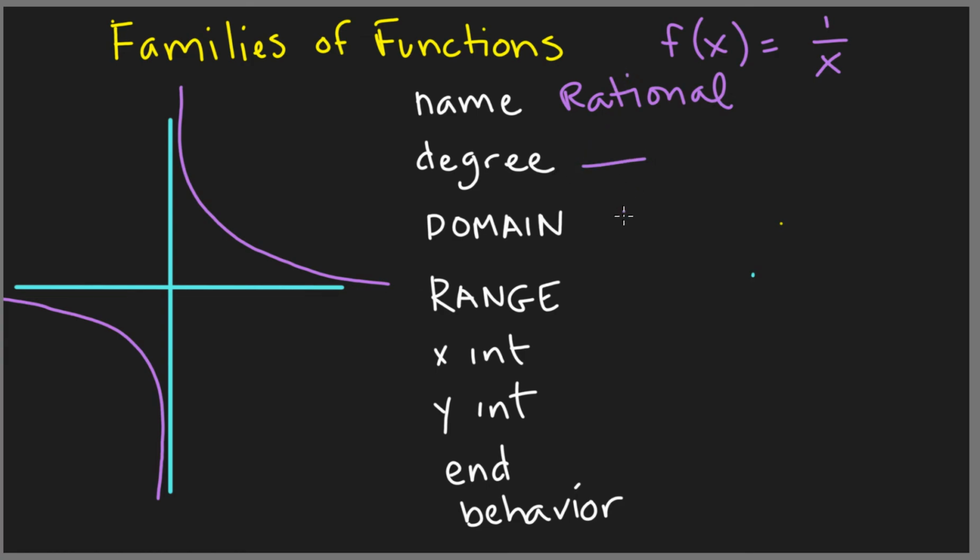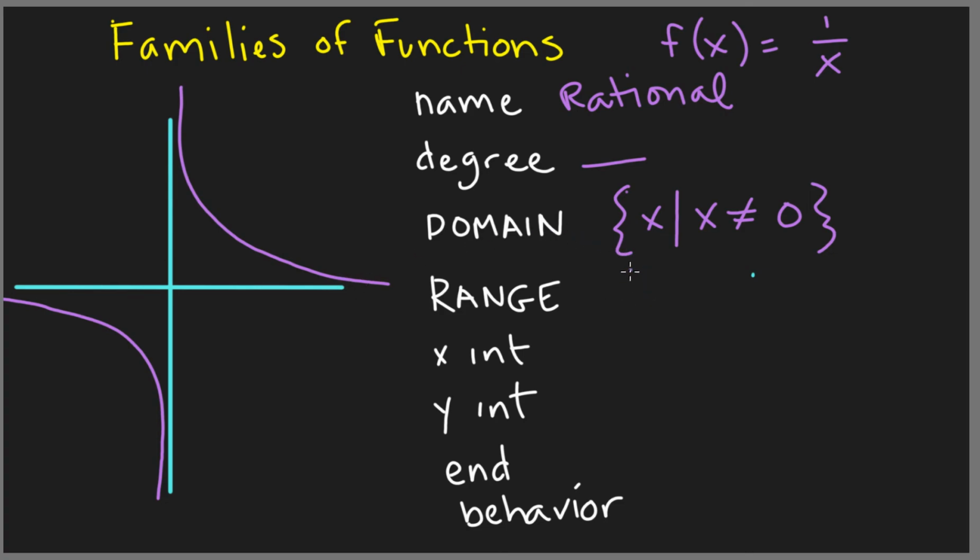Again, degree doesn't make much sense. Domain: now, we can't divide by 0, so we have to exclude that. So my domain is going to be the set of all x such that x cannot be equal to 0. My range, my y here, we're never going to get to y equal to 0.